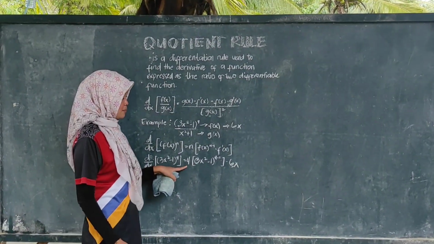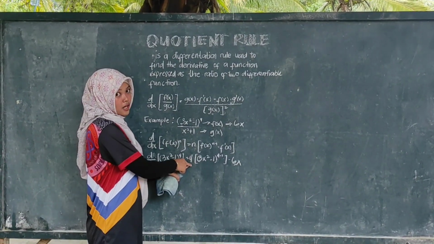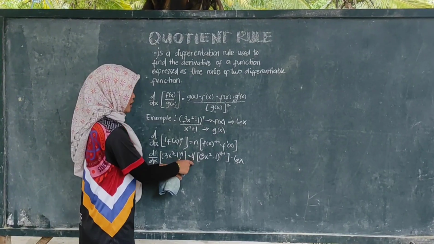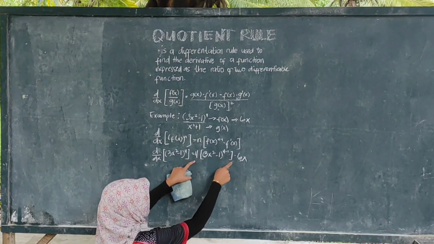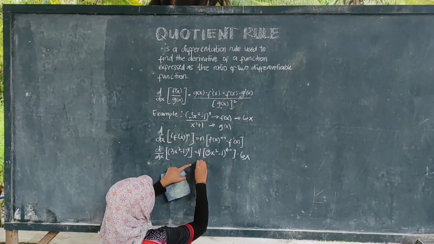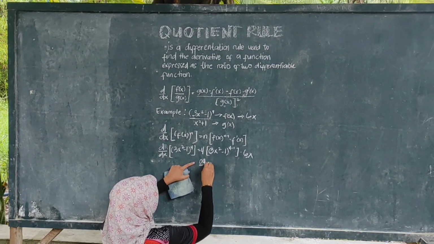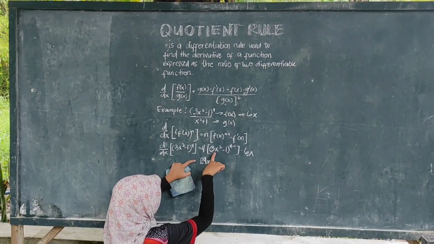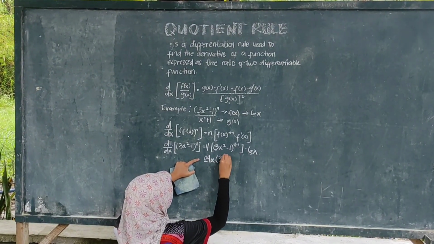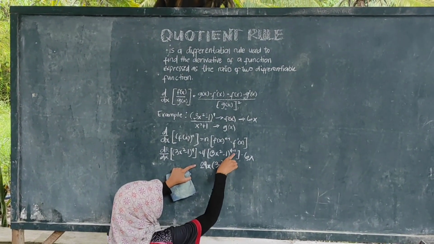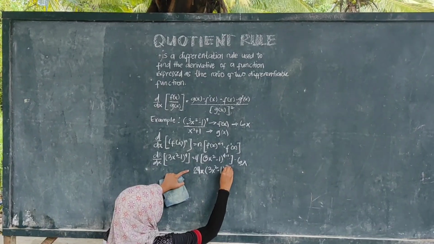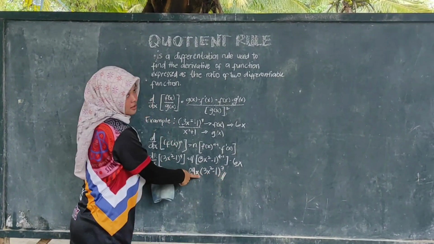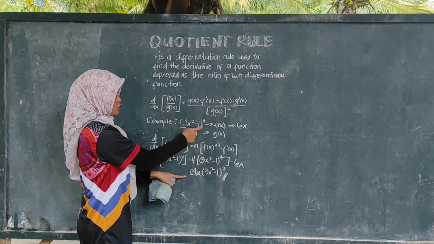So now, let's simplify the terms outside of the bracket. So 4 times 6x is equal to 24x. So copy the f of x, 3x squared minus 1, then 4 minus 1 is equal to 3. So now this is the derivative of the numerator.